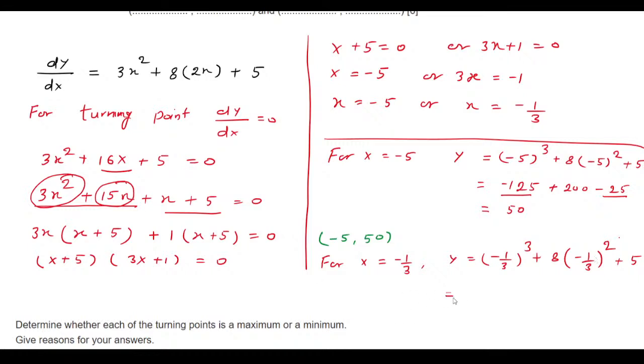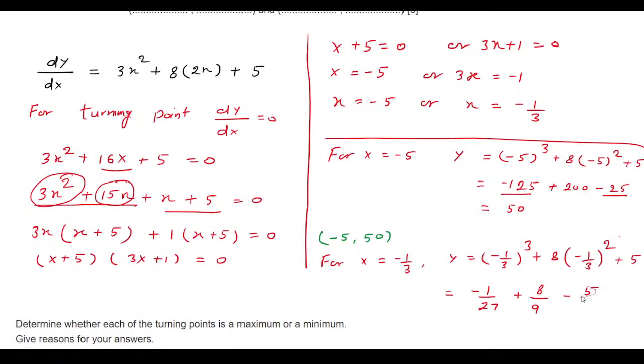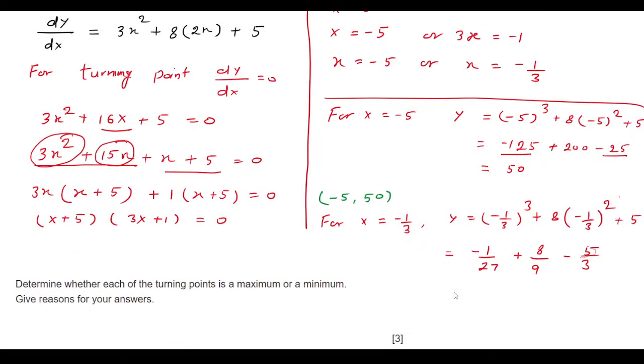Minus 1 by 3 cubed is minus 1 divided by 27. Here it is plus 8 divided by 9. And here it is minus 5 divided by 3. So I can make my denominator the same. So here it is minus 1 plus 24 minus 45 divided by 27. And this I will get as minus 46 plus 24, which is minus 22. So minus 22 upon 27.